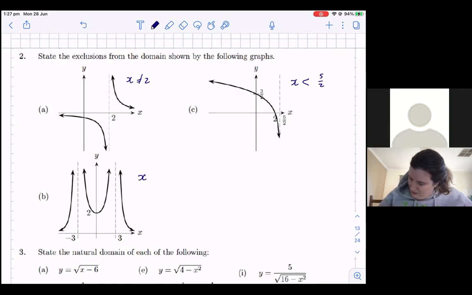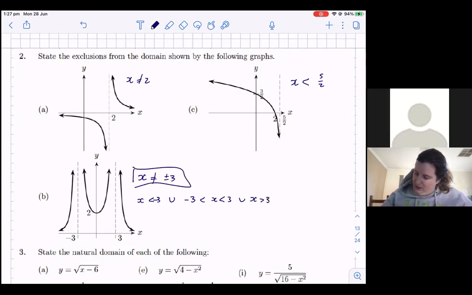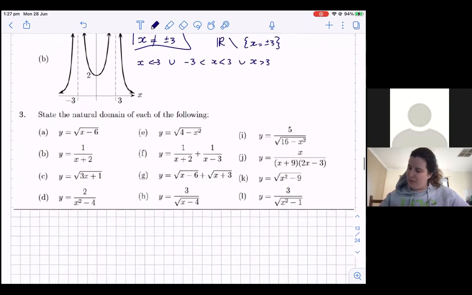Here, x does not equal plus or minus 3, or we could write it as x is less than negative 3, and x is greater than 3. I prefer this one. Or we could write it as all real numbers excluding x equals plus minus 3. They're fancy ways of writing the same thing.